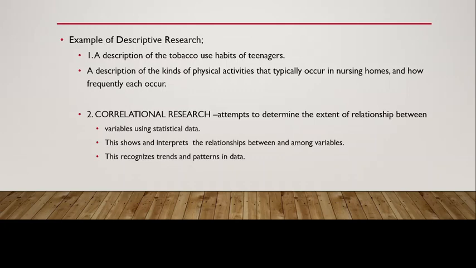Correlational research shows and interprets the relationship between and among variables. Between variables, if you are using only two variables, and among variables, if you are using two or more variables. Correlational research also recognizes the trends and patterns in the data.